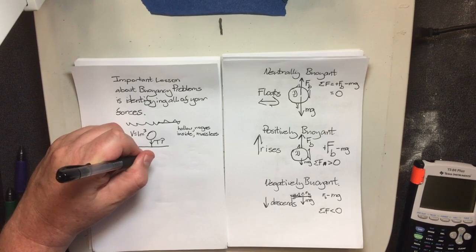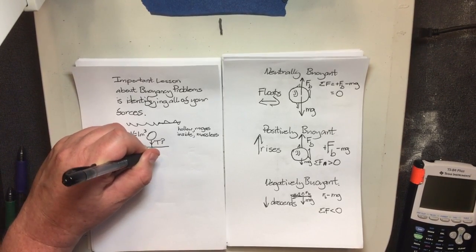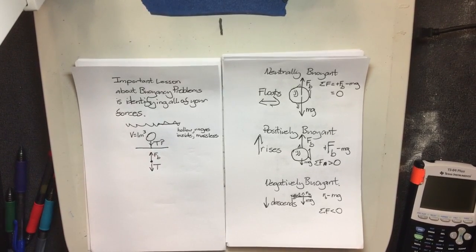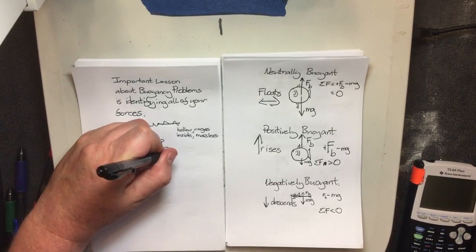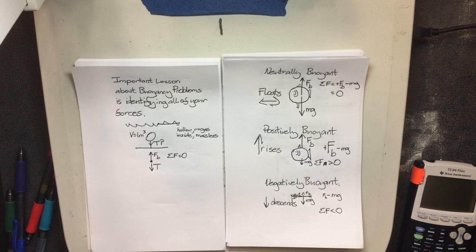So the forces are buoyant force up, tension down. And I know that the sum of the forces is equal to 0. How do I know this? The balloon doesn't go up or down. It's neutrally buoyant.